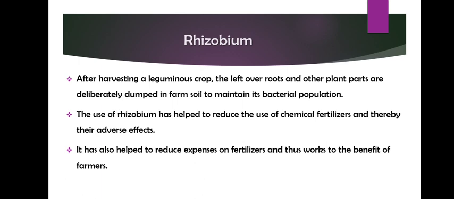Just the bacteria is doing the work, so there is no need for using man-made fertilizers, and thereby it reduces the adverse effects of the chemical fertilizers. Also, it has helped to reduce expenses on fertilizers, and thus it works to the benefit of farmers.